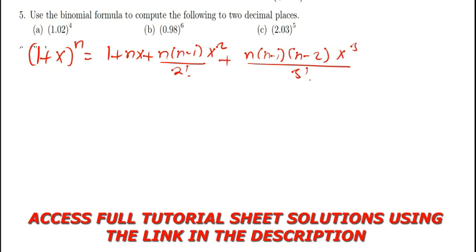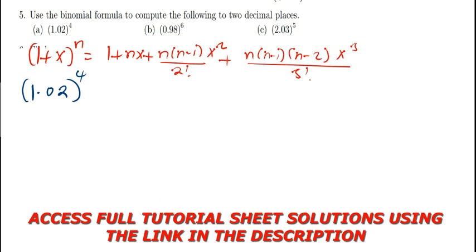Okay, so then I need to make this expression be in the form of 1 plus something. So x can be anything. So how do I make 1.02 raised to the power 4 to be in this form? We know that the form is always 1 plus something.